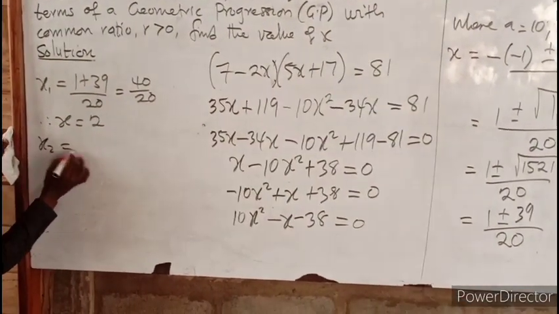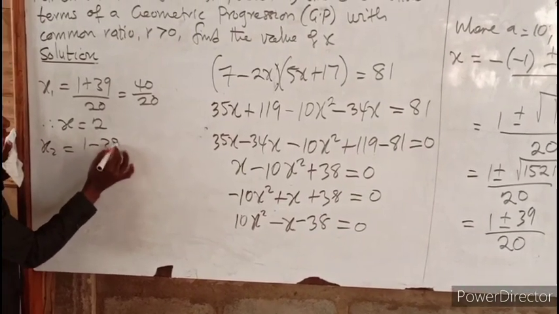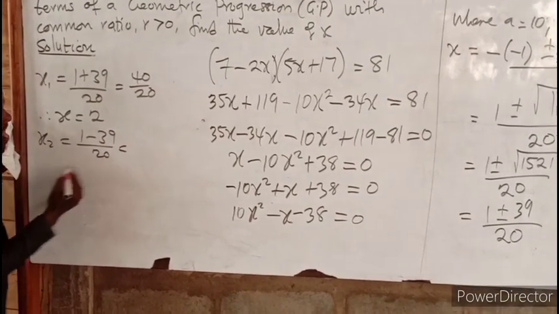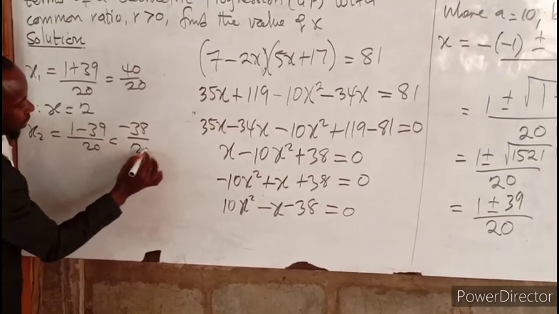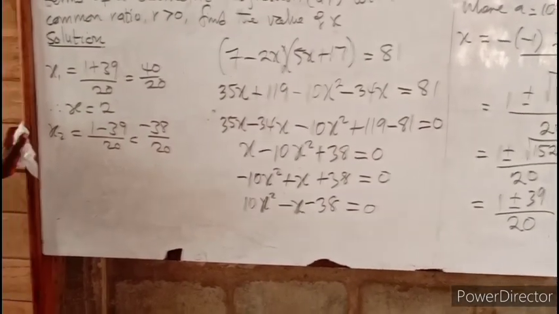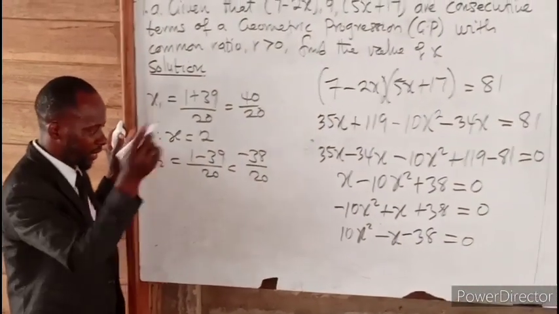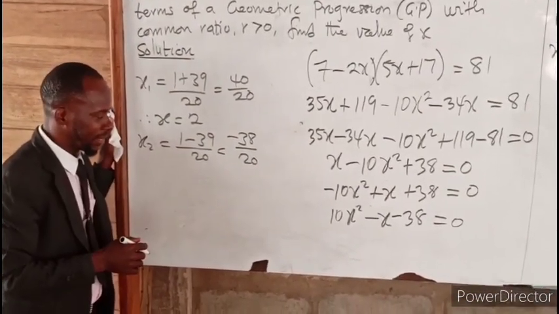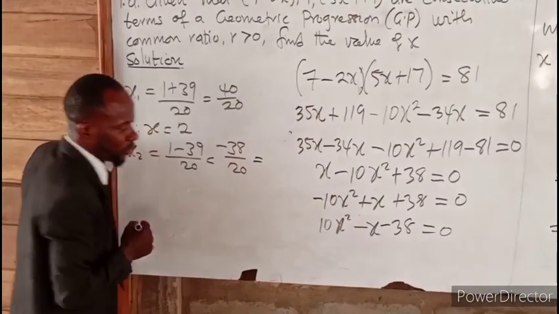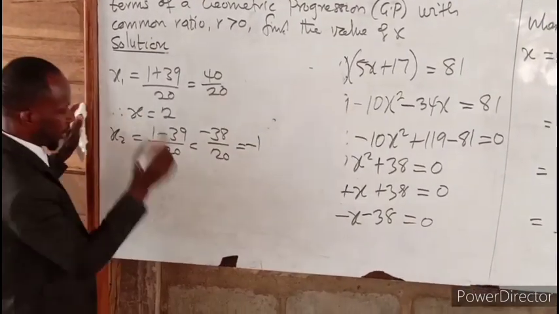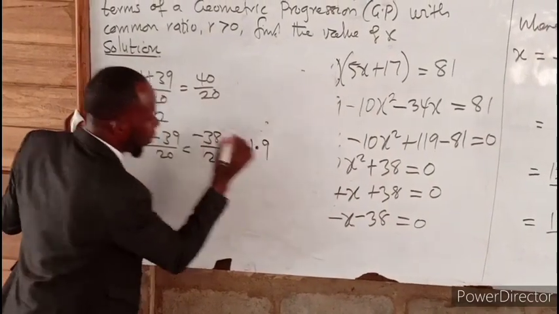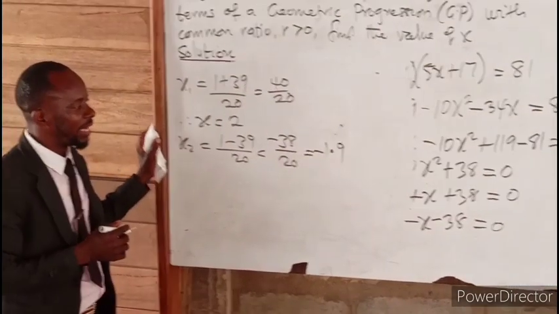Then my x2 will be 1 minus 39 over 20. That will be negative 38 over 20. If we simplify, we get minus 1.9. We can use the calculator to get that.